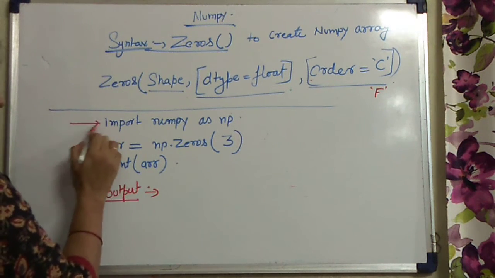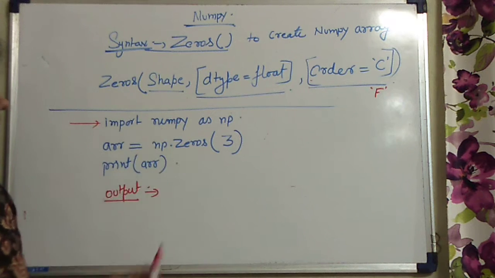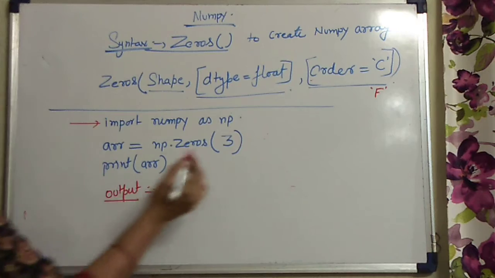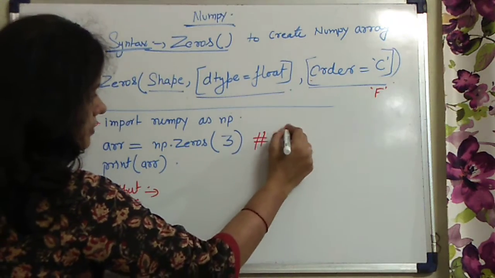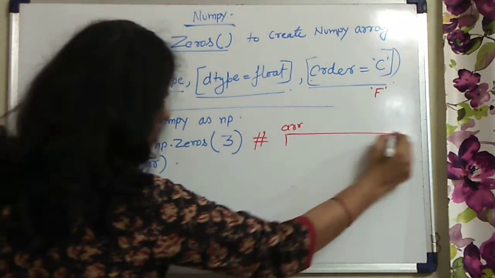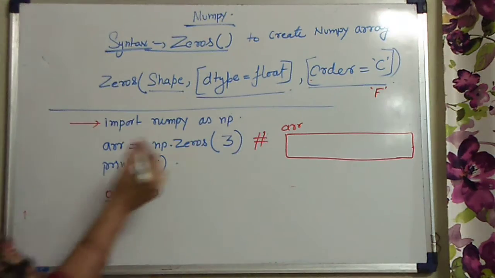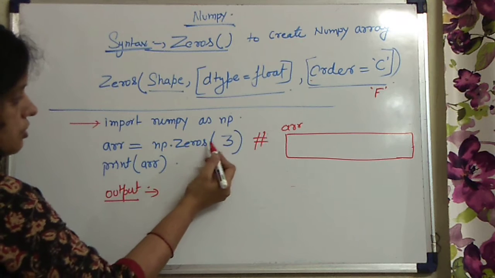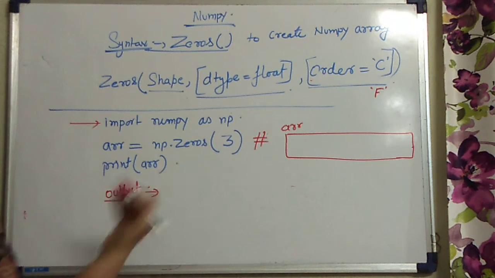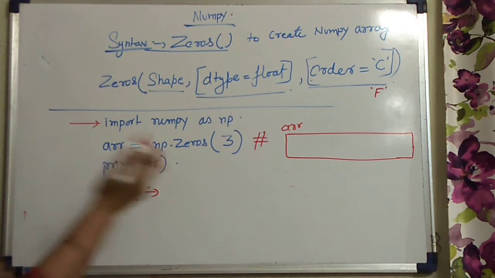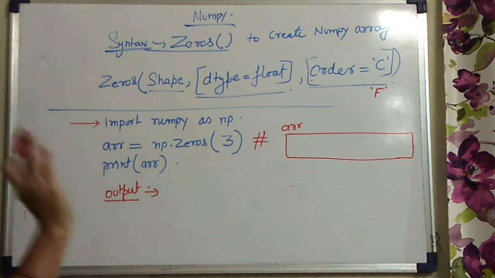As you know very well, import will include the NumPy library. Then arr is the name of the variable which will be created in the memory. Now np.zeros will create the array, and 3 is the dimension. As there is only one value, this will be created with one dimension.